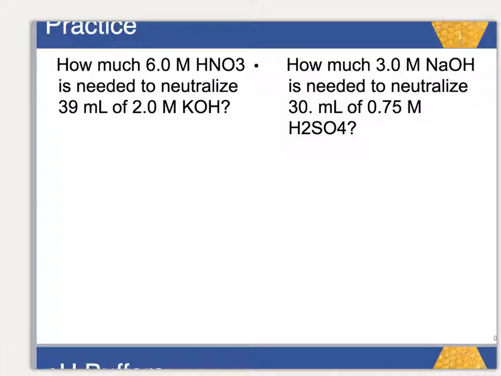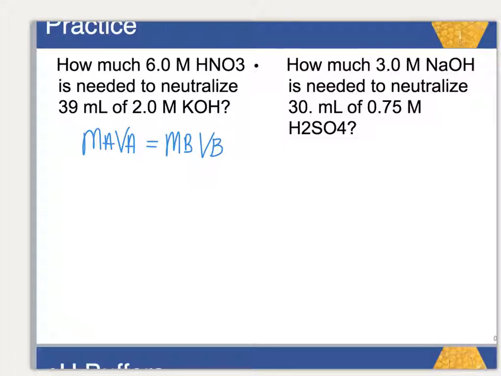So I believe we did this one problem on the left in class. If you weren't here, I would suggest that you pause the video and do it, and then also do the one on the right, and then check your work. So on the problem on the left, we're going to use the formula MaVa equals MbVb, and we simply substitute in.